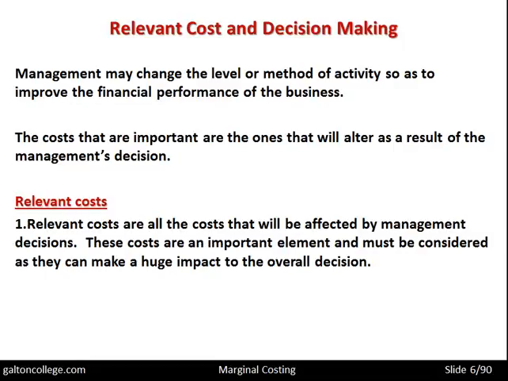So take an example. If the management decides to change the design of a product, perhaps just change it slightly, nonetheless they're changing it, that will have an impact on the materials that are used. It may have an impact on the tooling that is used for the machines that make the product.